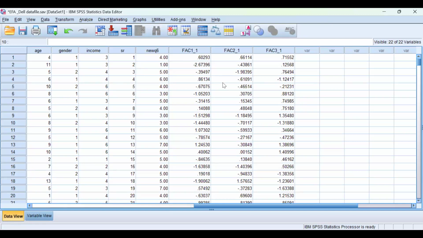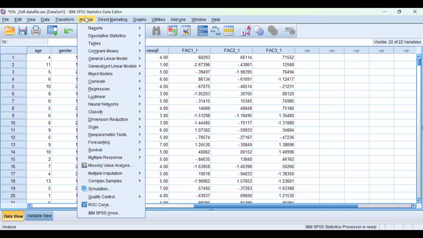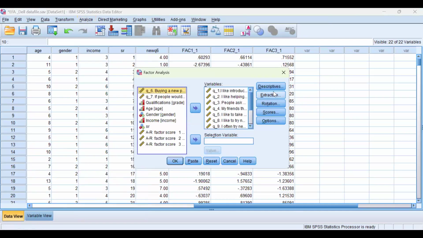But as of now, we have extracted those 3 factors and got these factor scores for them, the 3 factors having eigenvalue more than 1. Now let's look at the second method, which is known as PAF. You remember that? You can see my screen, right? Factor analysis, small window.